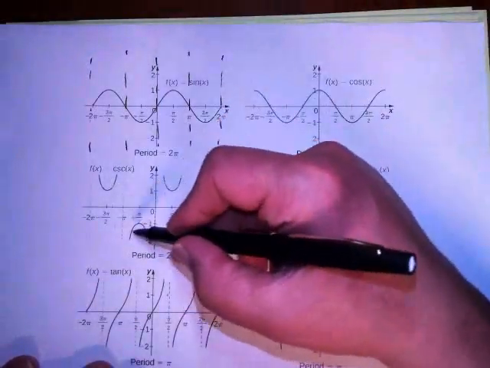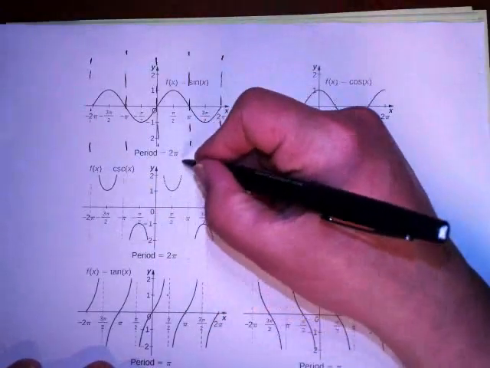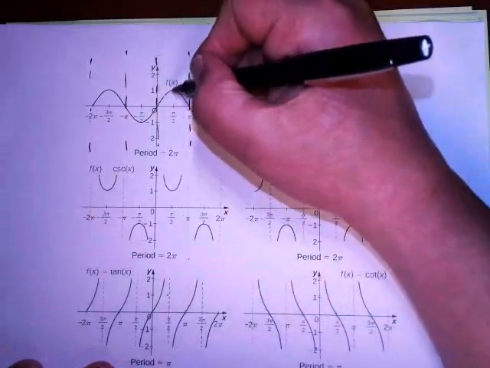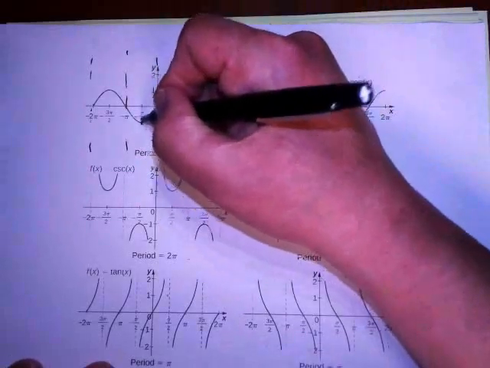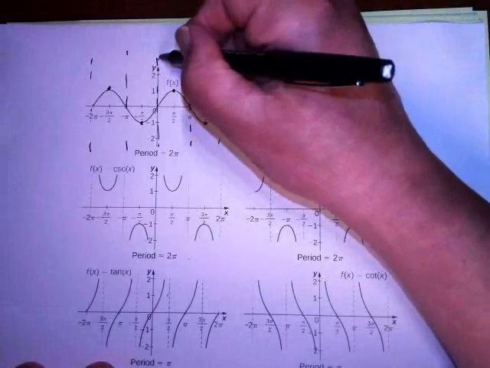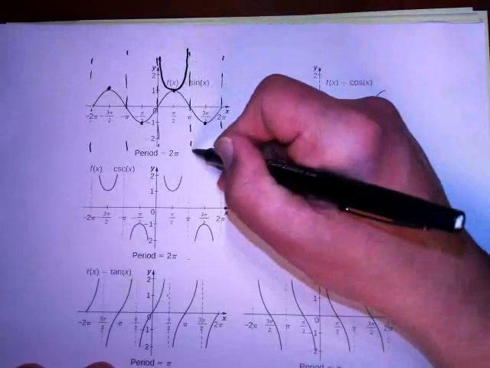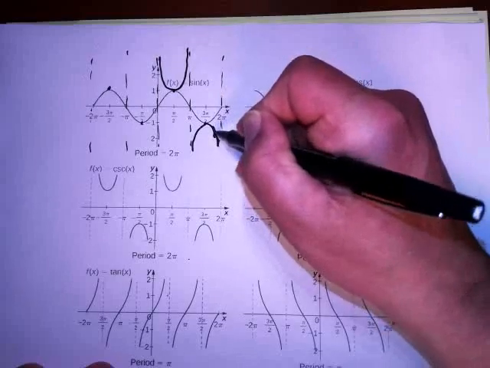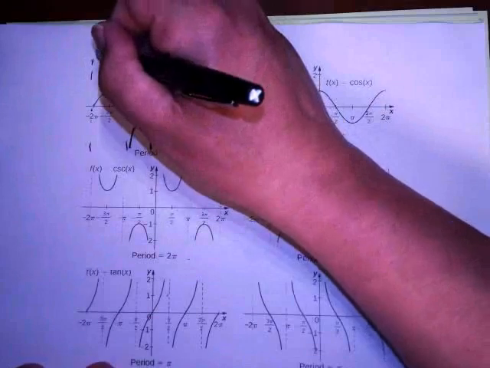Basically what these do, they look like parabolas, but they're not. They approach the asymptotes, and they go down and touch right at those crests, and then they go back. So like this one would go down, touch here, go up. This would go up, touch here, like that. This would go up, touch, like this.